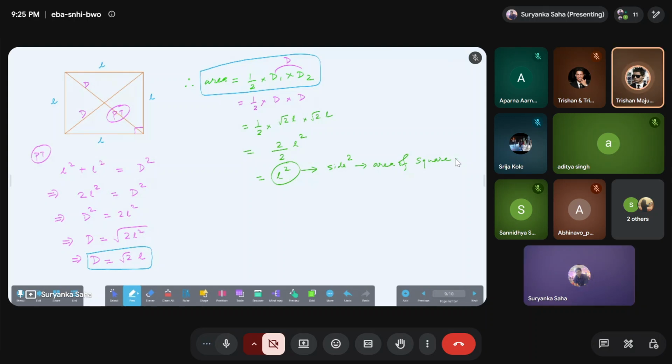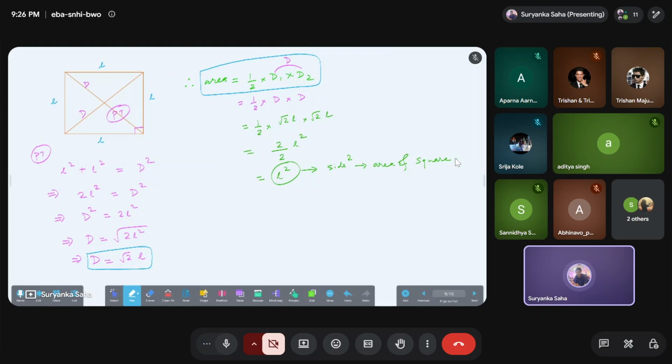The last part, d half into d1 into d2, so I proved it. I found the value of d, that is √2L. Where d was, I put √2L. The two d's are the same, diagonals of a square are equal, so for both I put √2L. √2 into √2 is 2, and L into L is L square, and in the denominator there is another 2, so 2 cancel, only L square remaining.